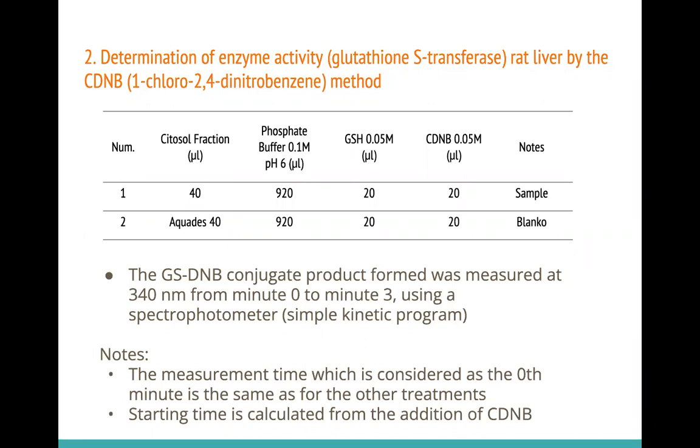So the starting time is calculated after you add the CDNB. The CDNB should be added last, after you put all the reagents there, such as first the cytosol fraction, phosphate buffer, GSH, and the last one you need to put is the CDNB, and make it as the 0 minute.